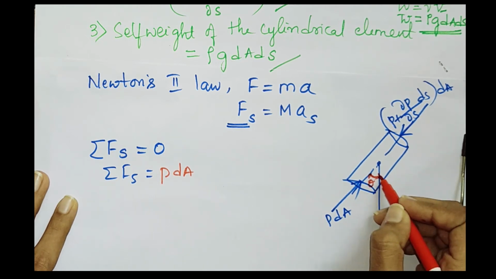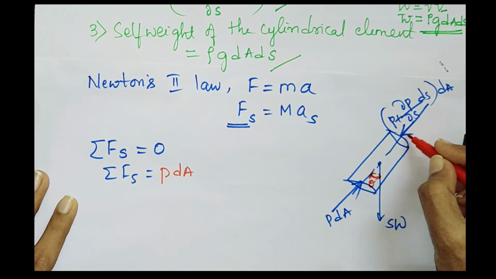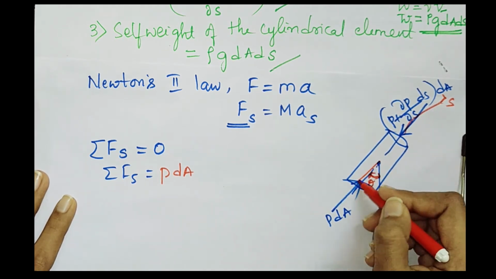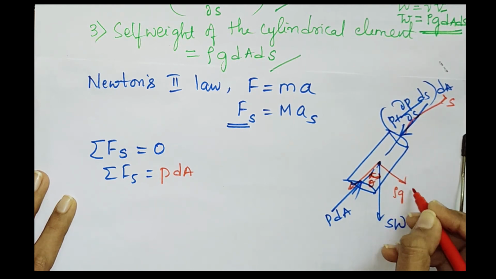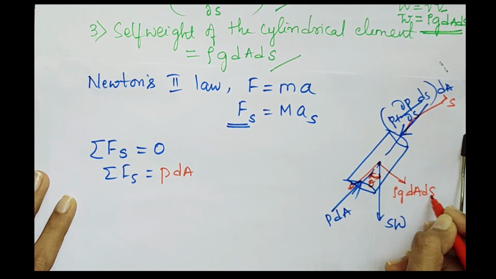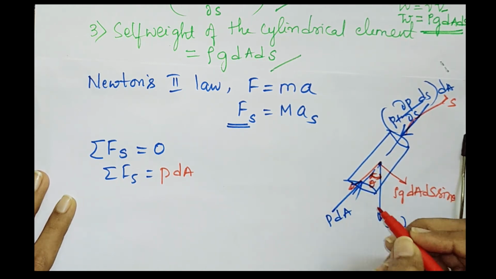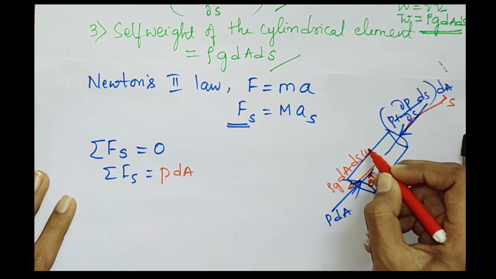Because we are considering the forces along the s direction, the self weight can be resolved into two components. What is the self weight? One component is ρ g dA ds sin theta, and another is ρ g dA ds cos theta.